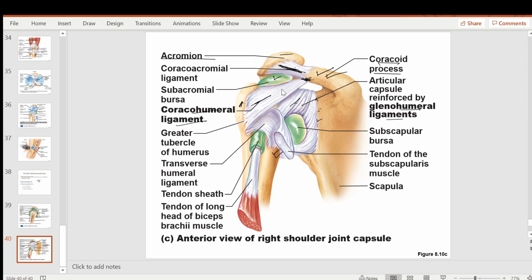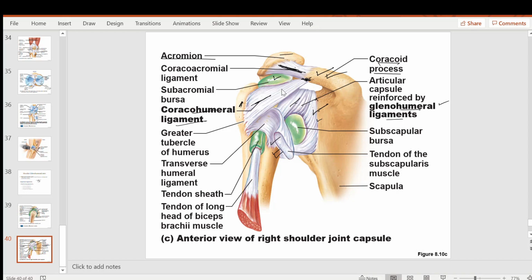So glenohumeral. How many? Three. Glenoid to humerus, glenohumeral. And so those are the ligaments around the shoulder joint to keep the shoulder joint more stable.